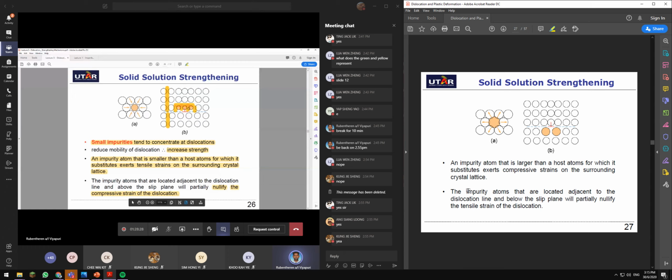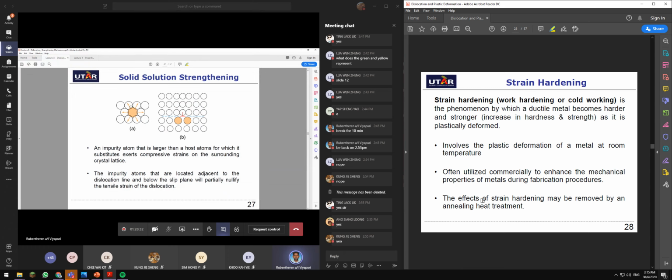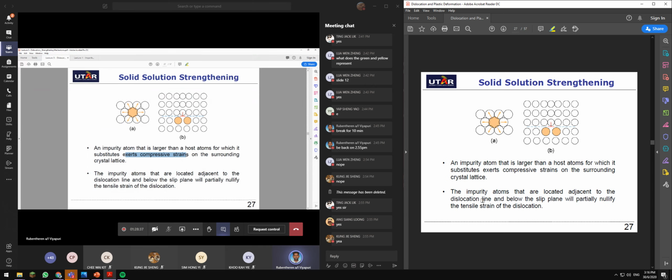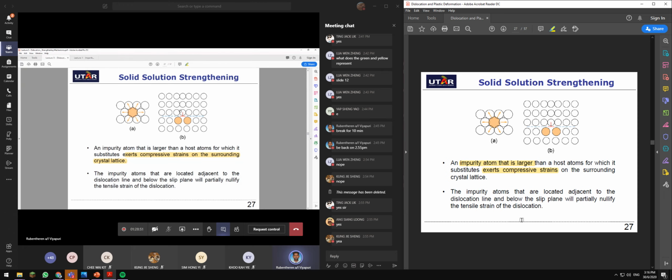Okay, same goes to a larger impurity atom. A larger impurity atom exerts compressive strain on the surrounding of the crystal structure, the opposite of a smaller impurity. So when you have a large impurity, here you have more compressive stress, here more tensile.